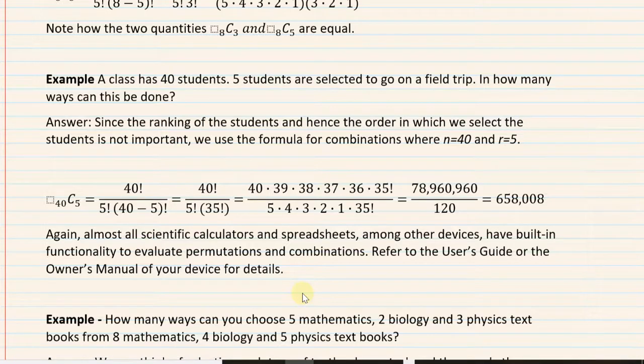So task 1 is to choose the math books. Task 2 is to choose the biology, and task 3 is to choose the physics books, right? Now, if we multiply those together, we get the combined sequence, the entire task, that is.